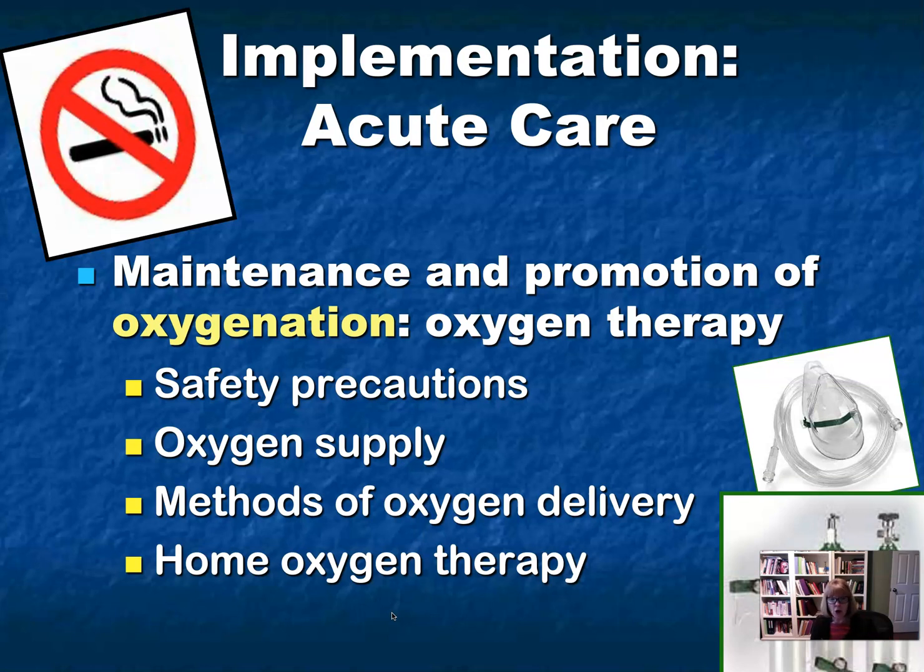Now, know for sure with me that oxygen that comes from an oxygen delivery system or tank is 100% oxygen. However, when that oxygen mixes with room air, the client doesn't always get 100%. That's what's key.